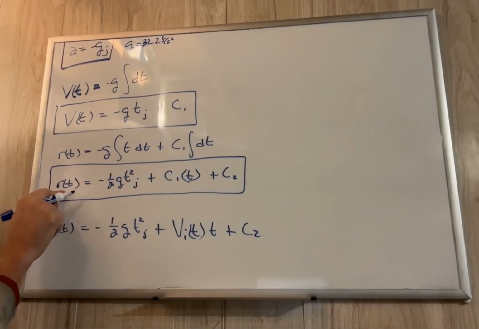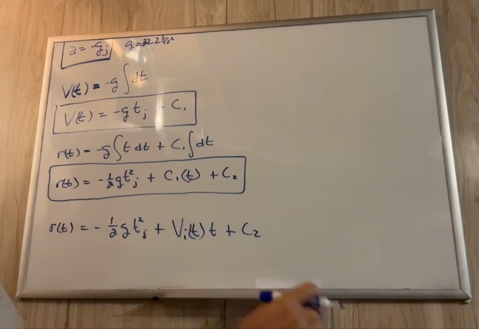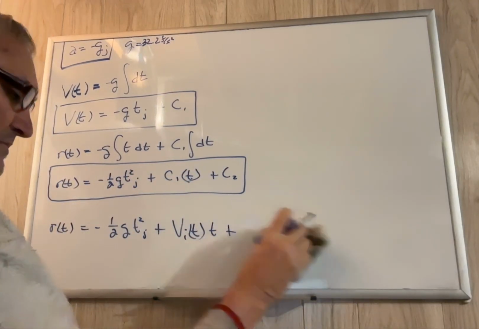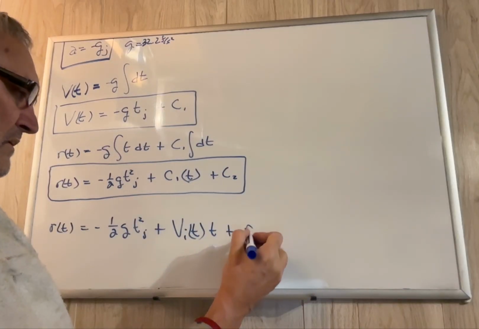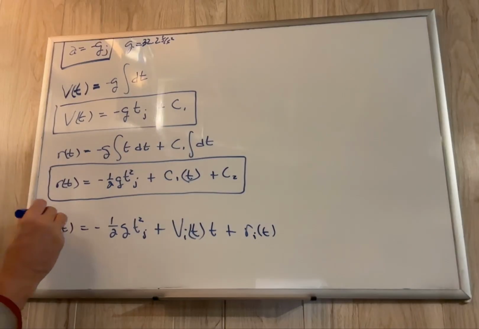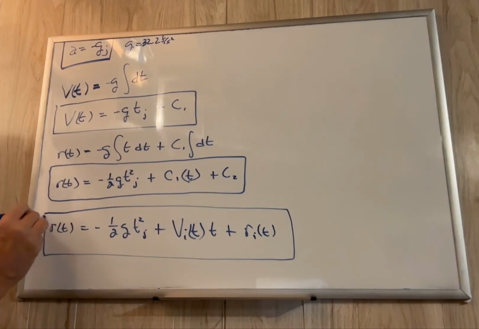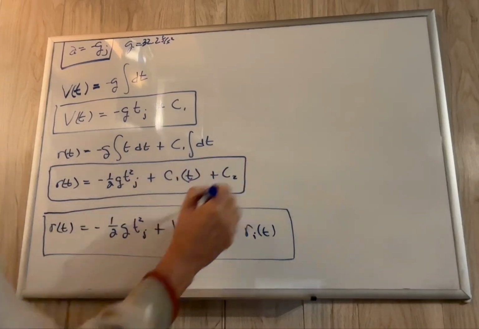Position initial means that time is 0, so this is 0, this is 0, so this actually becomes r initial. So this is an even better equation, even a closer equation than what this is.